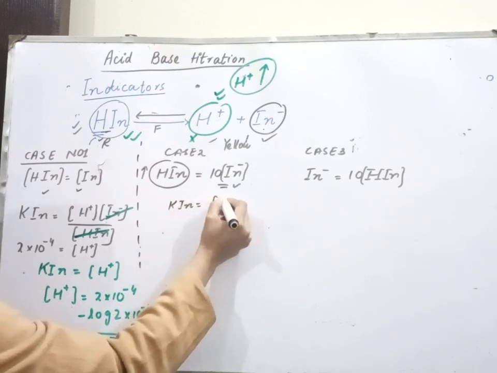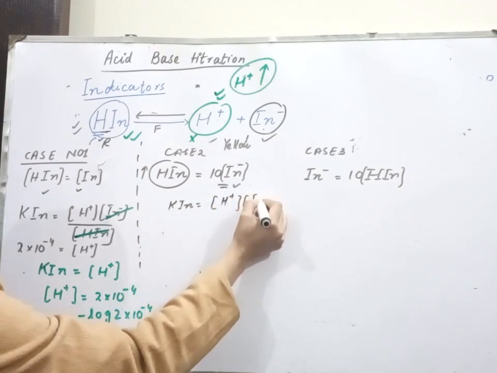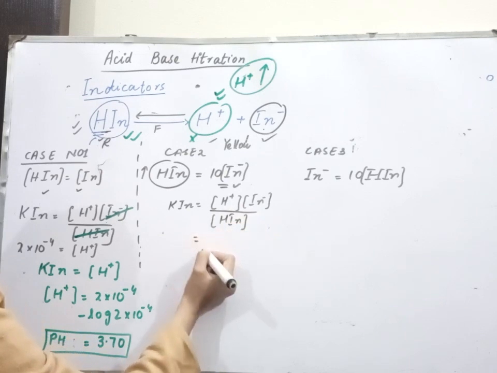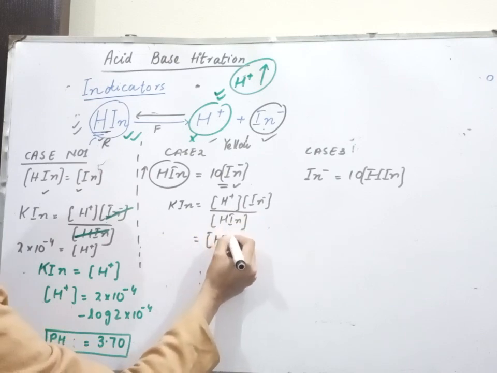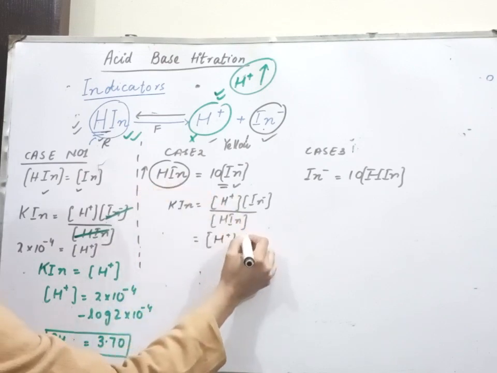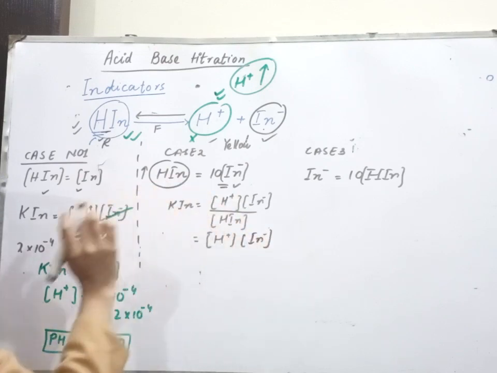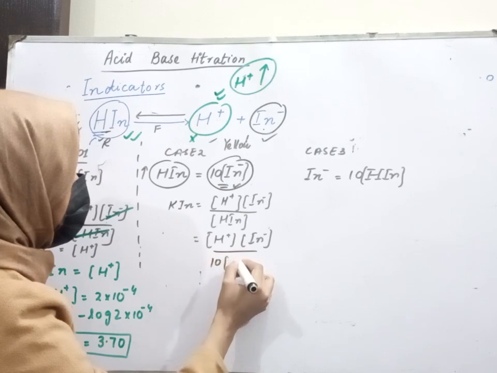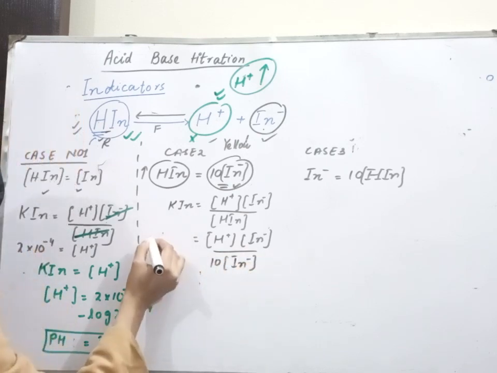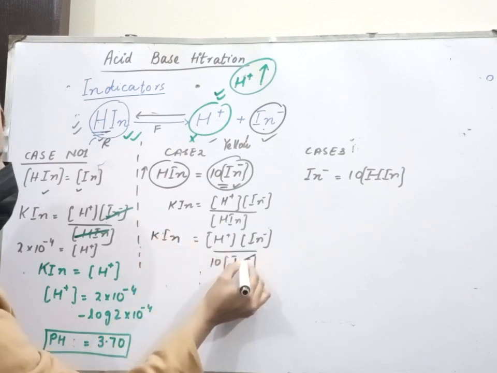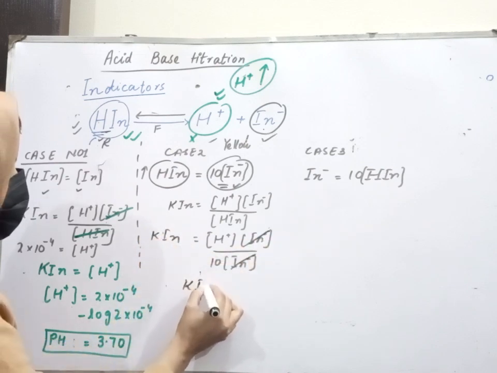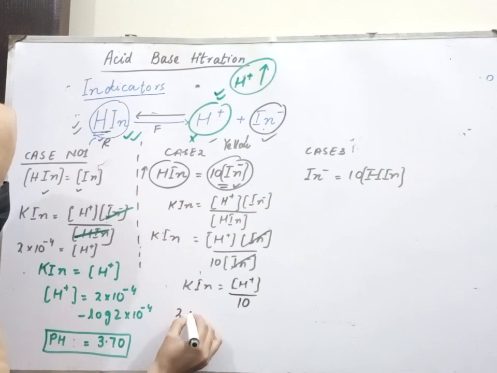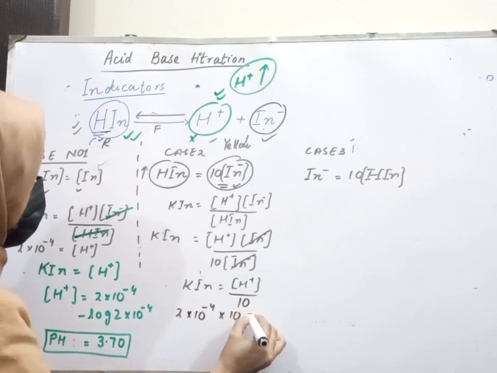Kin will equal H positive, In negative, divided by HIn. Here will be H positive, In negative. Instead of HIn, I will write 10 times In negative, because HIn is 10 times the concentration of In negative. So we get Kin equals H positive divided by 10. 2 times 10 to the power minus 4 multiplied by 10, we will get H positive.